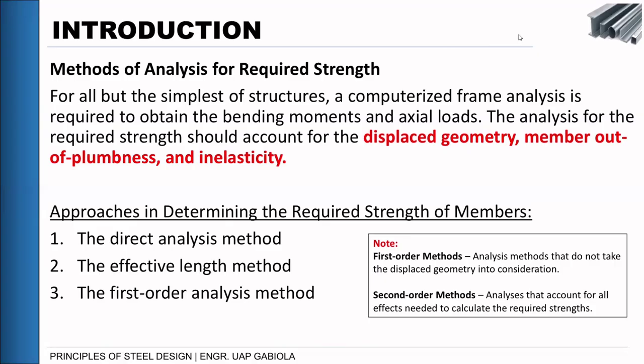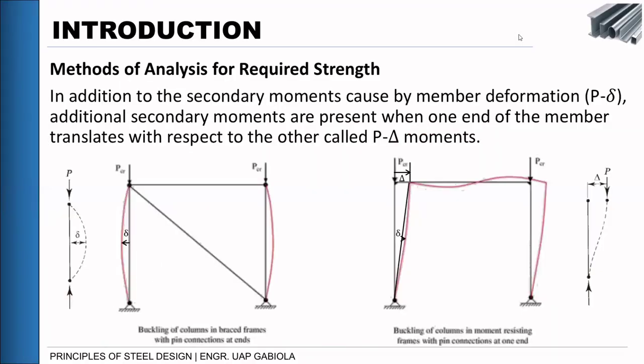Pero in reality, we have observed that that is not the case when it comes to real life structures, because we exhibit secondary effects or secondary moments from the deformation or the offset nung deformed shape natin from its original shape, which is caused by the eccentric loading natin from the center ng member natin, which is caused by the P delta, small delta, and P big delta.